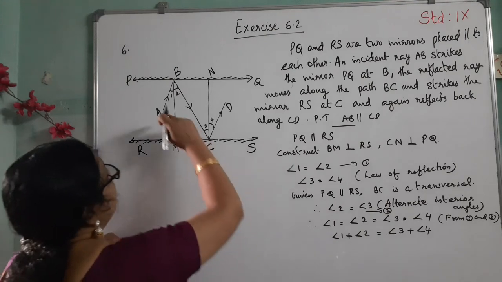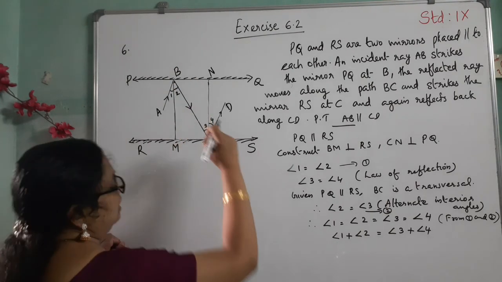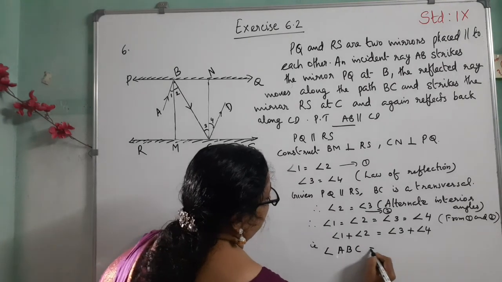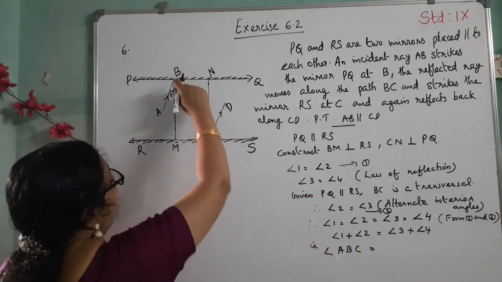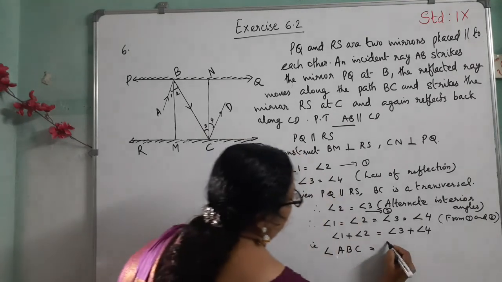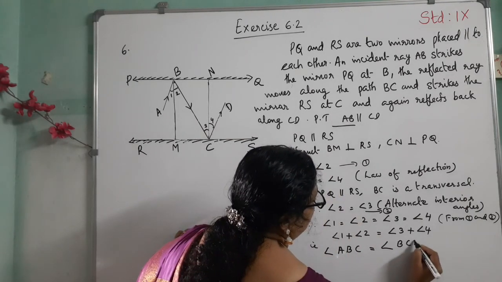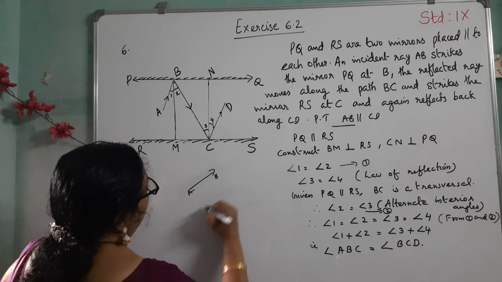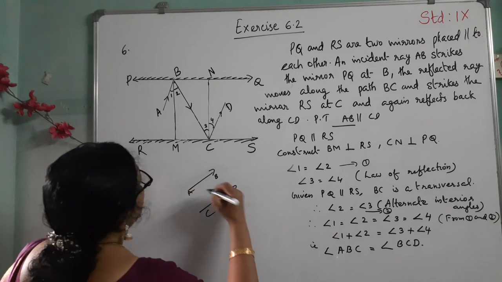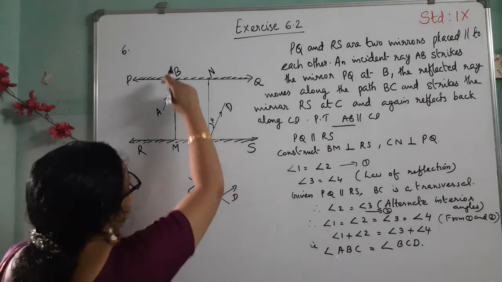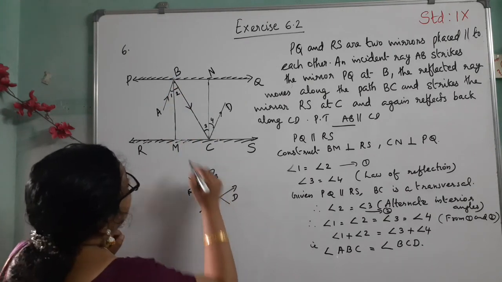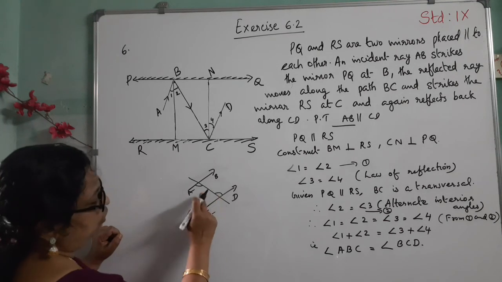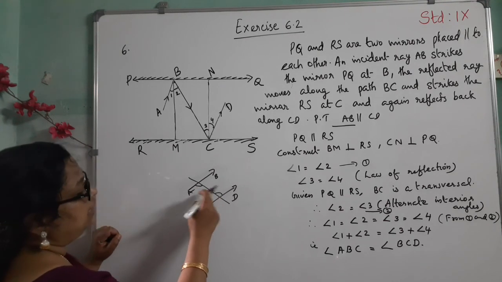That is, 1 plus 2 means angle ABC, and 3 plus 4 is angle BCD. So angle ABC equals angle BCD. Consider this is AB and this is CD and this is the transversal. Then this angle, 1 plus 2, and this angle, 3 plus 4, are alternate interior angles.